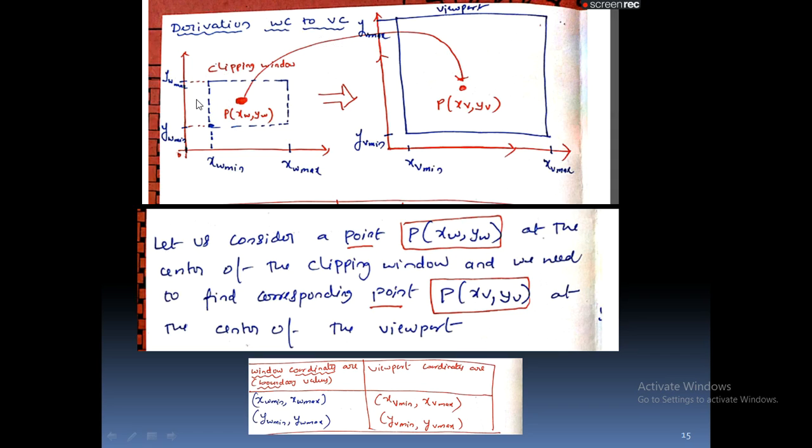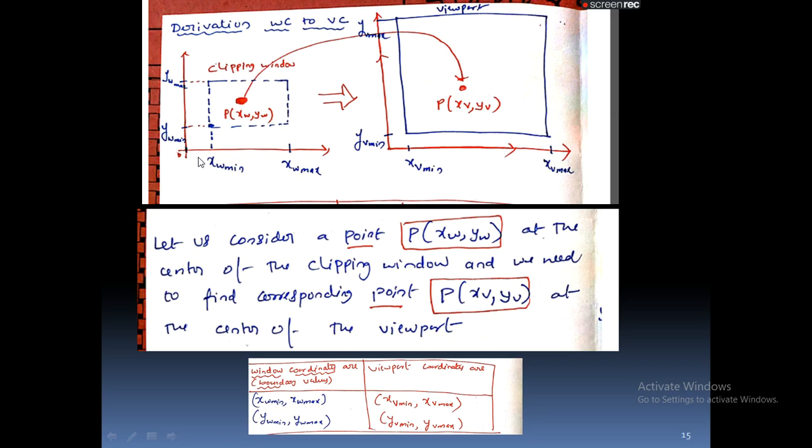Assume that I have defined two types of Cartesian reference frame. I defined window coordinates and viewport coordinates.